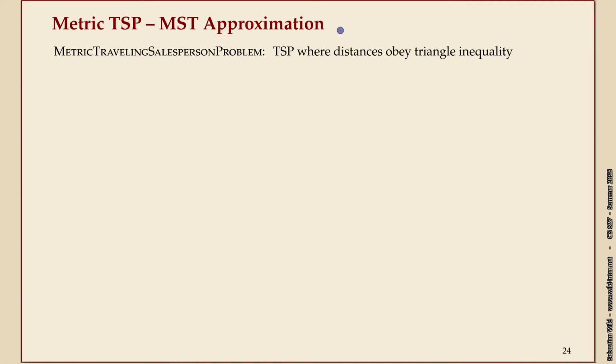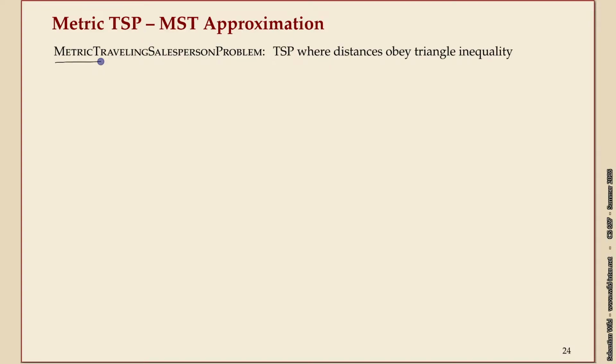The problem that we're looking at is the metric traveling salesperson problem. And let me stress that metric is really crucial here. Metric means that the distances between the points obey the triangle inequality. That's all it says. But in general, if you give me an arbitrary TSP instance, who knows what the distances might be like.